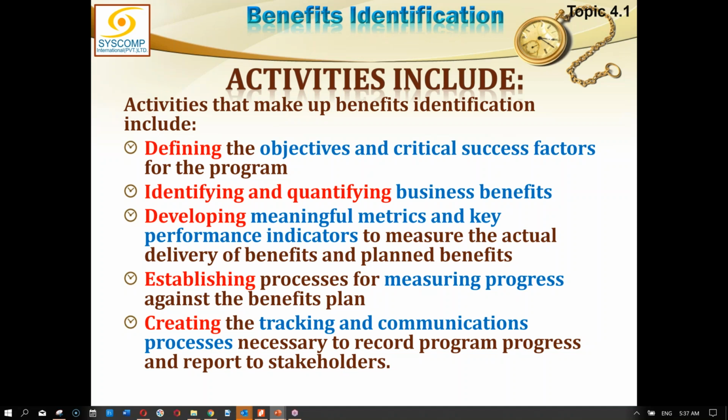Those attributes are maybe the objective of this benefit, the critical success factor, the classification of the business benefit it adds to, the metrics, and the KPIs. So that kind of table, a worksheet, is created, and this is called a benefit register.